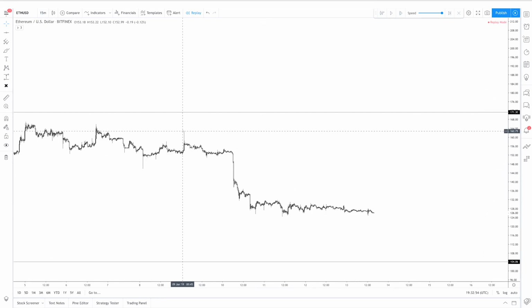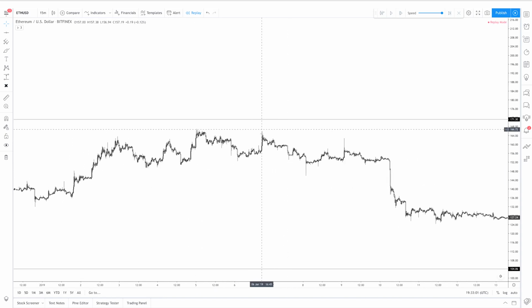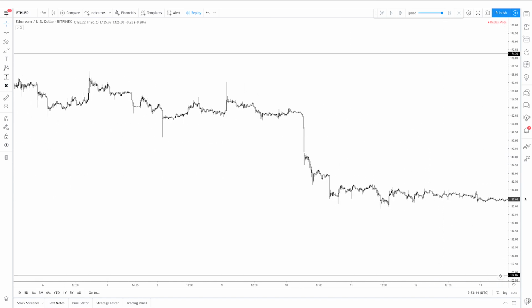Wow, look at this. Not a bad wick up. Let's see some other areas. We can see these wicks. These wicks here, the sellers are stepping in. This is a clear supply zone. And this is kind of the turning point right here, right? We're looking at a 15-minute candle.